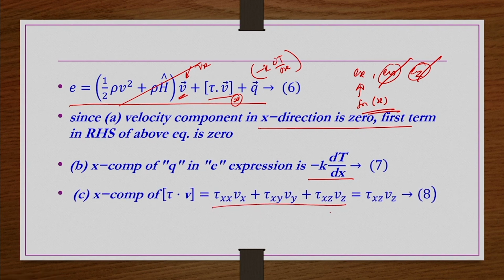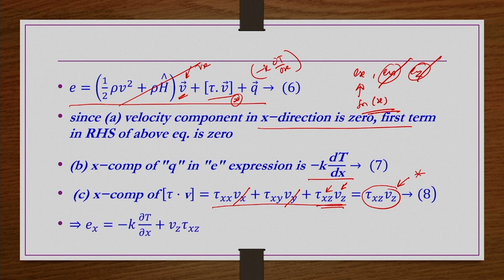This we have also seen previously. Now Vx is 0, Vy is 0, Vz is there, and tau xz is also there. So, tau xz Vz. This term is going to give you the contribution of viscous dissipation in the change of temperature. This is how we are doing it for the power law fluid.